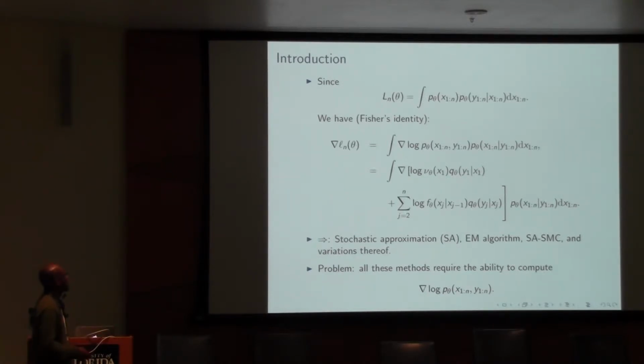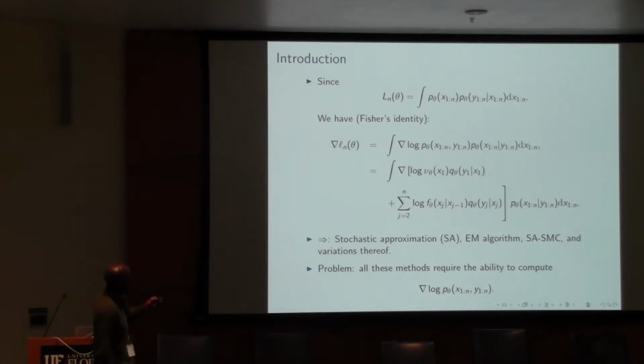So you could get an approximate gradient and use that to do stochastic approximation the same way you could do EM. It turns out that you could also do a stochastic approximation driven by sequential Monte Carlo, in the sense that you could just get an estimate of this distribution by SMC. And that gives you another way of doing stochastic approximation.